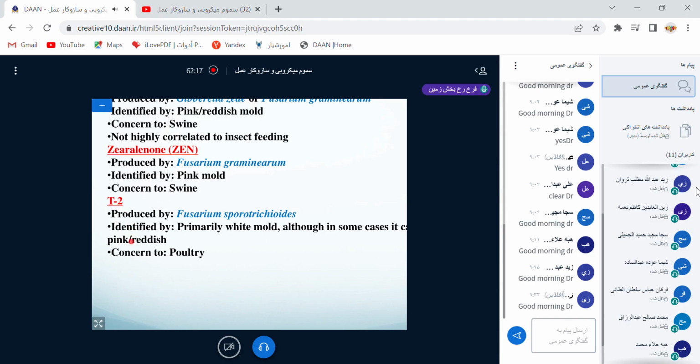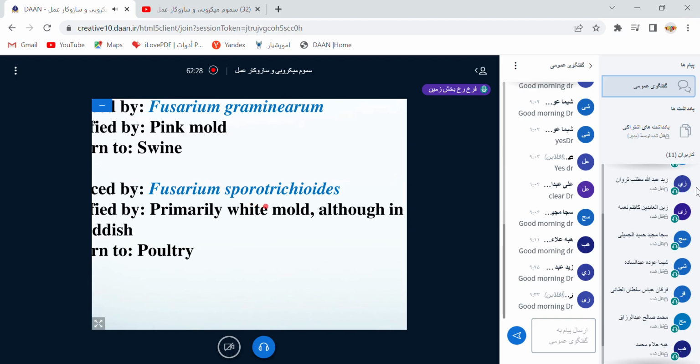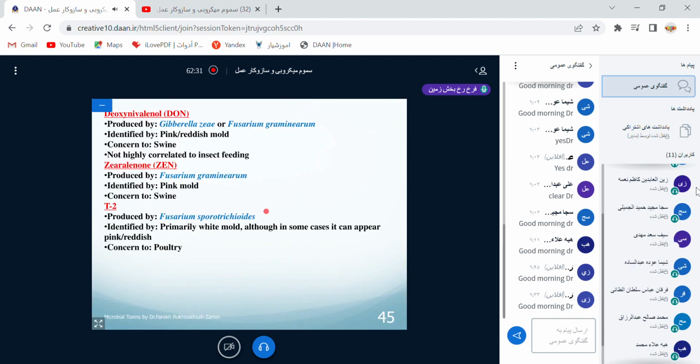T-2 is one of the most important mycotoxins, produced by Fusarium trichothecioides, identified by primarily white mold, although in some cases it can appear pink or reddish. A concern mostly to poultry, those domestic birds which we raise for eating.